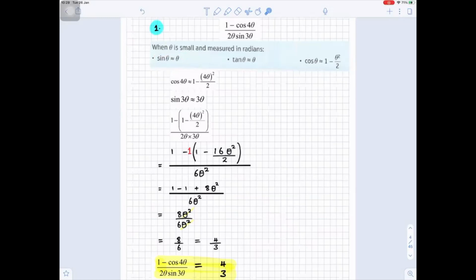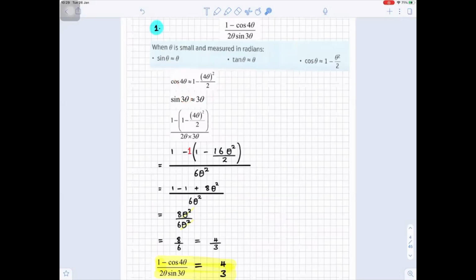So that means cos 4 theta is approximately 1 minus, instead of theta, we replace it with 4 theta. So it becomes 1 minus (4 theta) all squared over 2. And sine 3 theta, we replace theta with 3 theta, so sine 3 theta becomes approximately 3 theta.